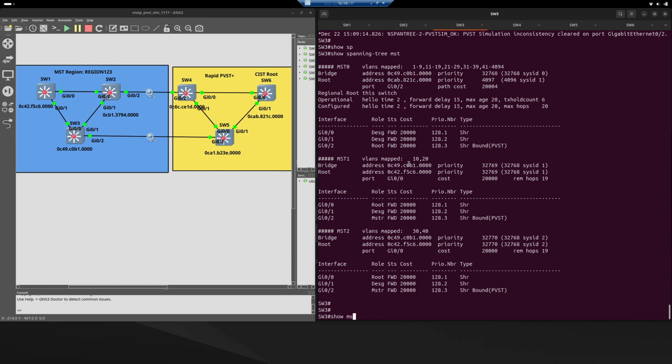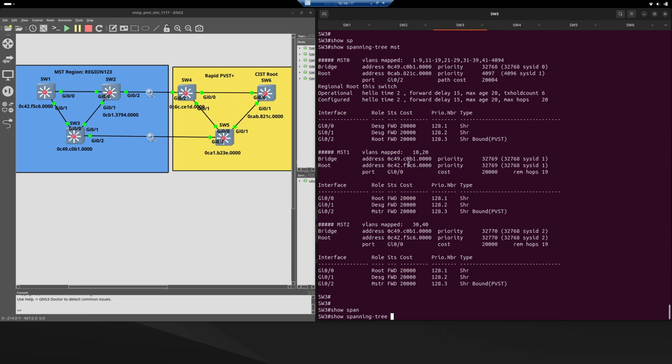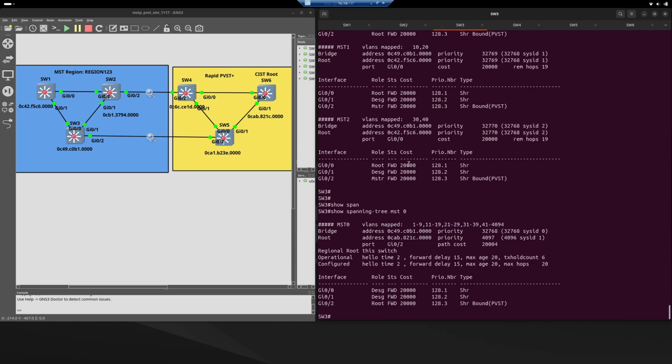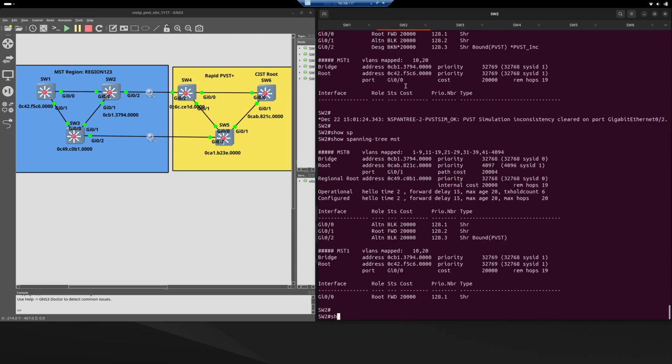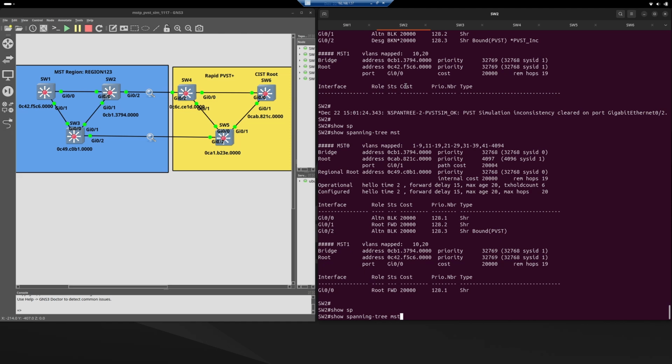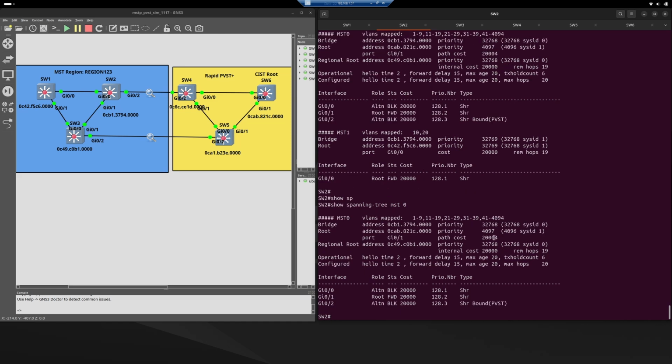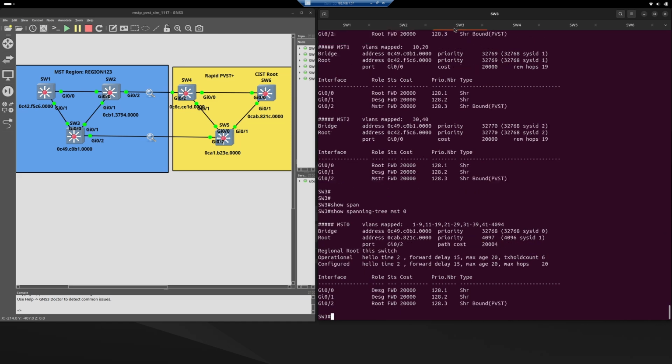So show spanning-tree mst 0, and show spanning-tree mst 0, 20,004 and 20,004. That's because these switches in the PVST domain use the short path cost method, while the MST switches use the long one.